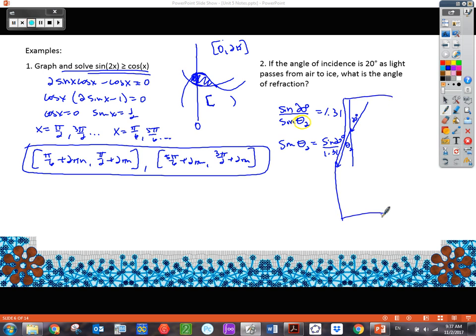And then I just use my calculator and I get that the angle of refraction is 15. Now of course we need to be in degree mode because these are in degrees. Just remember, this one is in radian mode and this is in degree mode. So that's our angle of refraction.